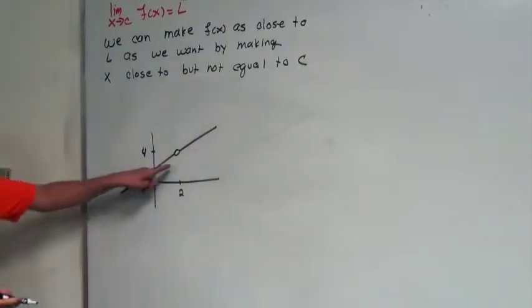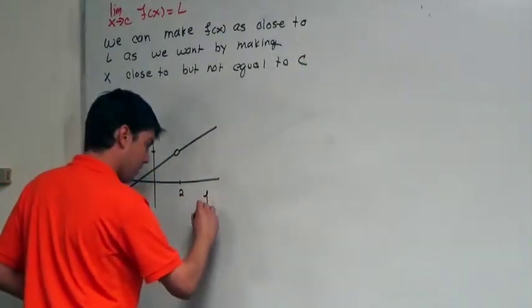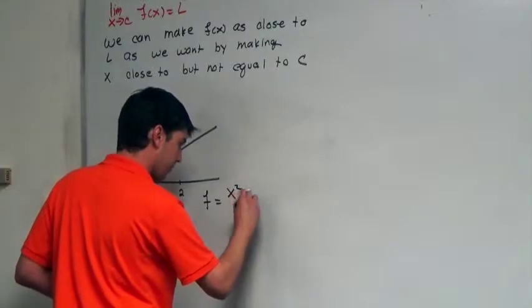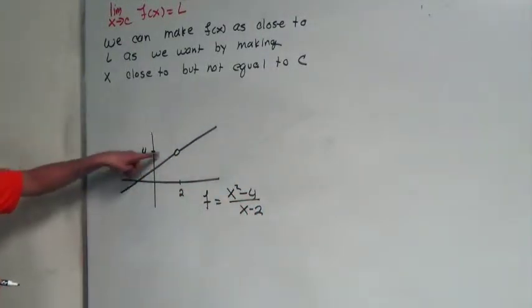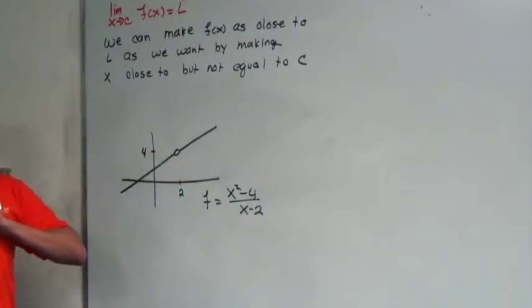So in this case, we can make this function as close to 4 as we want simply by making x really close to 2.